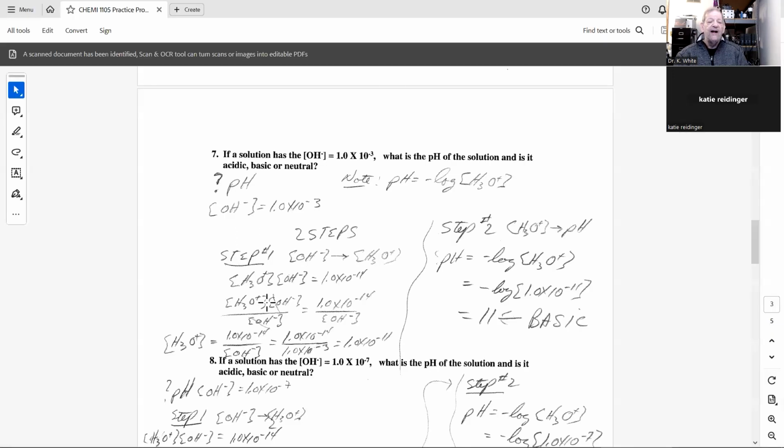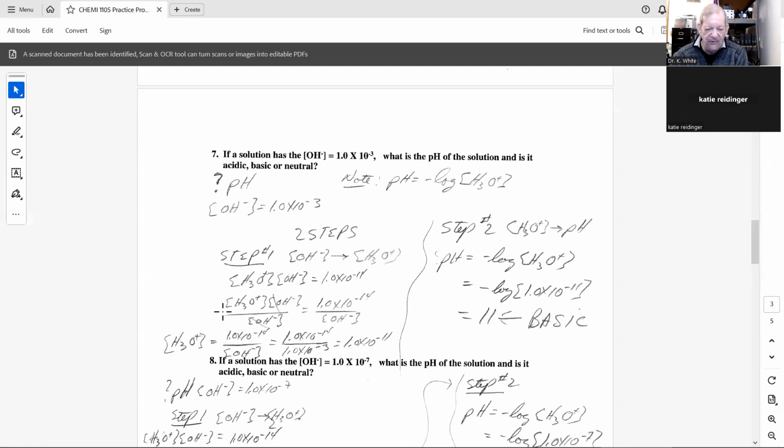So now, how do we solve for hydronium ion concentration, H3O plus? Well, I have to get it alone on one side. So how do I get rid of the OH minus concentration? Divide by it. Anything divided by itself becomes number 1, which means it's gone. Whatever you do to one side, you do to the other.